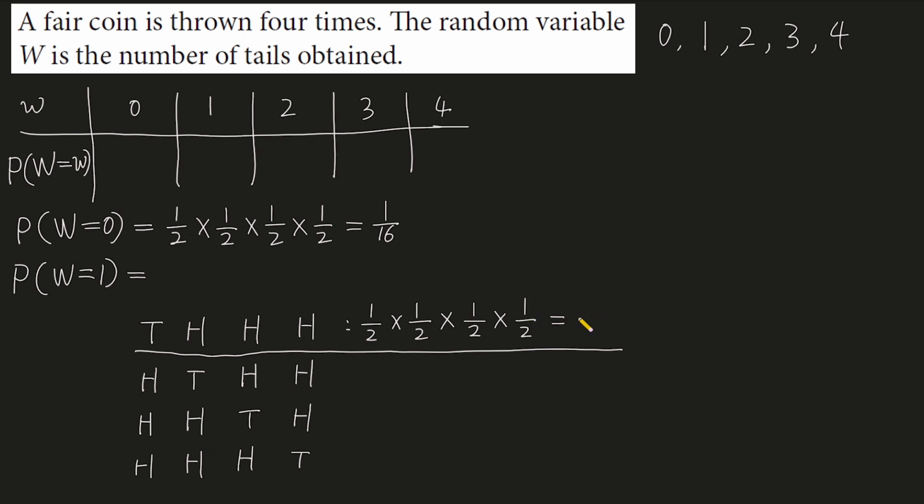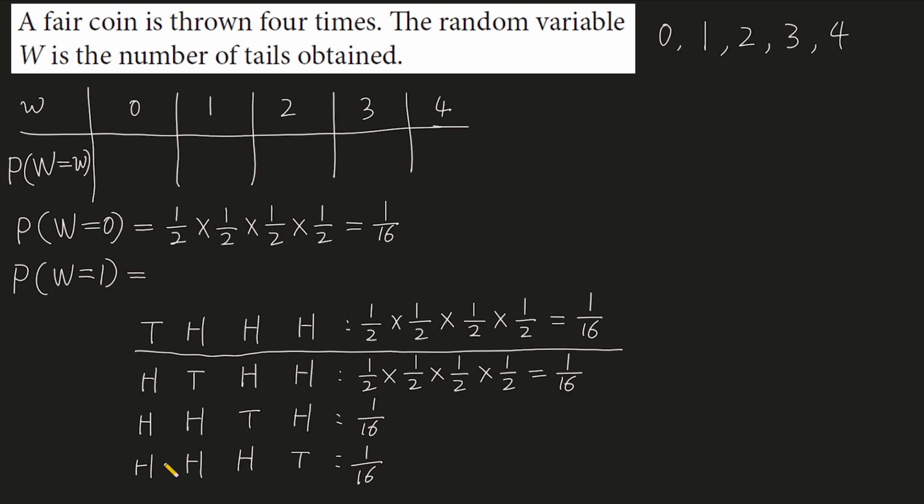This equals 1/16. For the second situation, the probability is also 1/2 multiply 1/2 multiply 1/2 multiply 1/2. This equals 1/16. The third situation is also 1/16. Fourth situation 1/16.